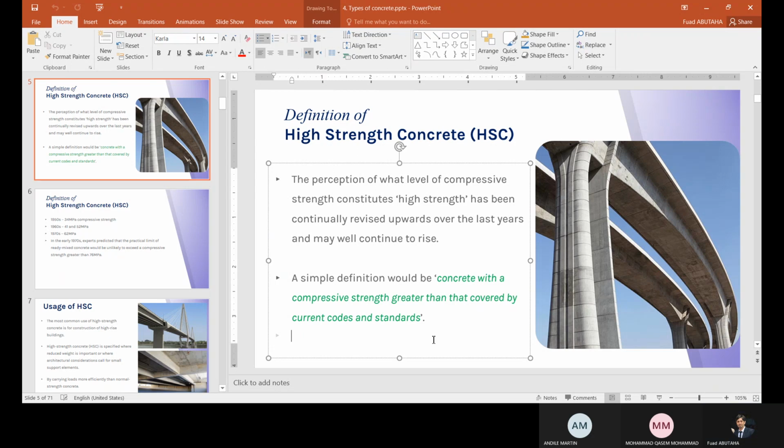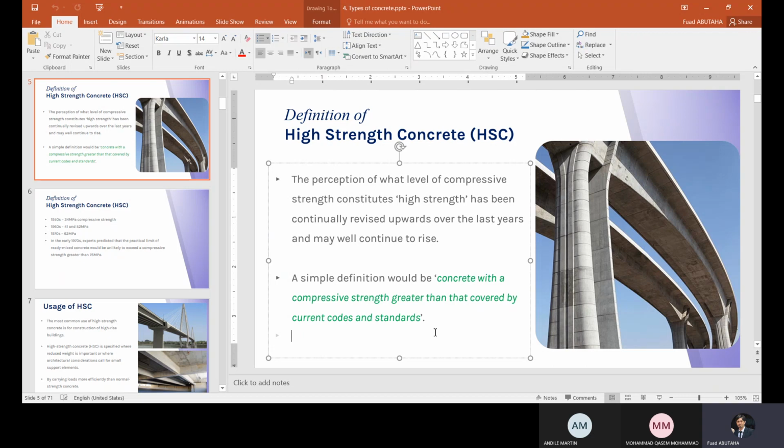But some standards give you a limit, a maximum compressive strength that you can design using this standardized method. So any compressive strength value that is not covered by the standard, that is beyond the maximum of the current standard, we can call high strength concrete.